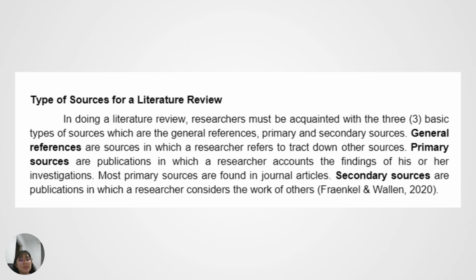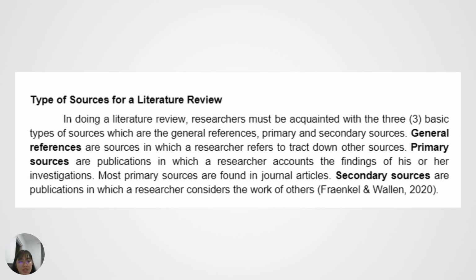Researchers must be acquainted with the three basic types of sources, which are the general references, primary, and secondary sources. General references are sources a researcher refers to in order to track down other sources.